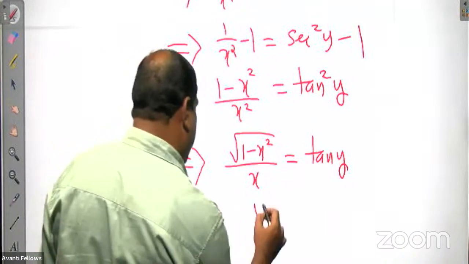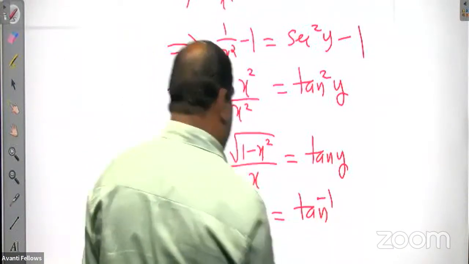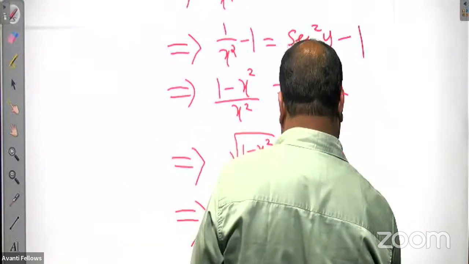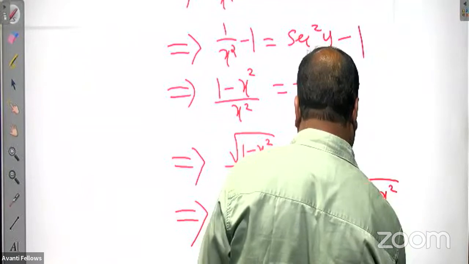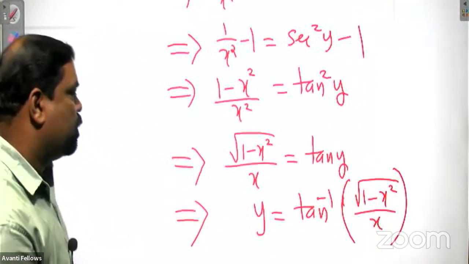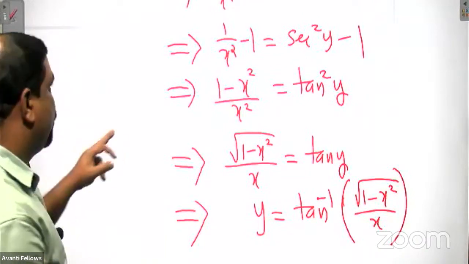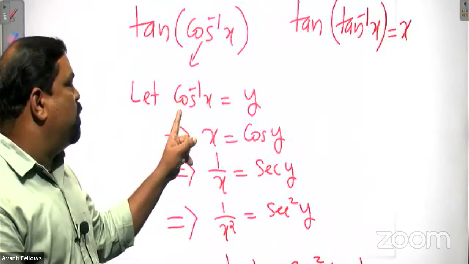That means y is equal to tan inverse of root of 1 minus x square by x. Okay. What is y? y is our cos inverse x.